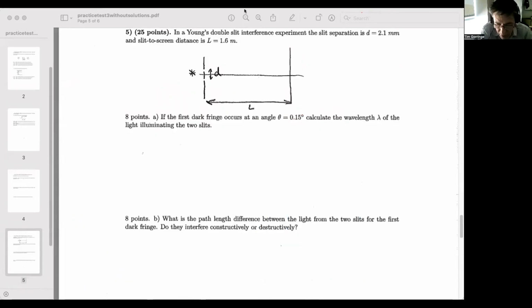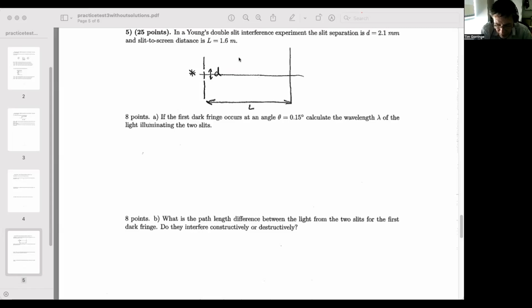In the next long problem, a fully worked out problem, we're asked to think about a Young's two-slit experiment, a double-slit experiment, where the slit separation is 2.1 millimeters and the distance from the screen to the two-slit arrangement is 1.6 meters.